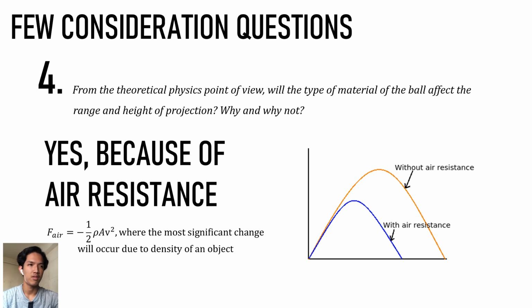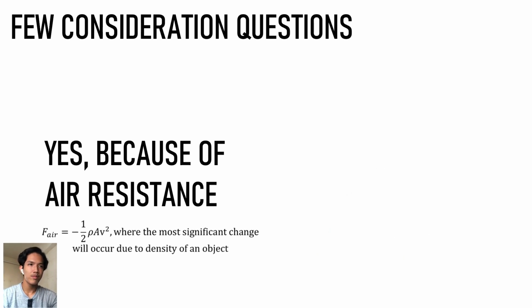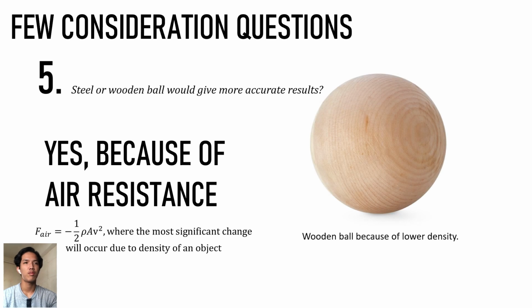On the right side, the graph with air resistance shows a lower value, while the graph without air resistance shows a higher range and higher height.